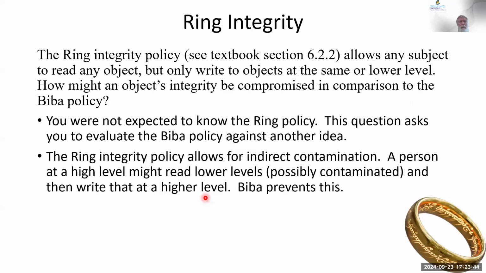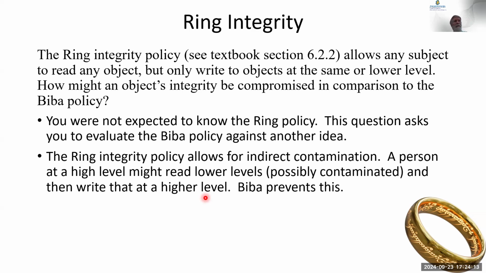Let's move on to rings. Bell-LaPadula is about confidentiality, trying to keep information from leaking. The ring integrity model, or the Biba integrity model, is related to trying to keep information from being corrupted. That is, people at the bottom may have information from multiple sources and it may not be correct. You want to make sure you always have correct information, so the people at the top are said to have the most correct information.